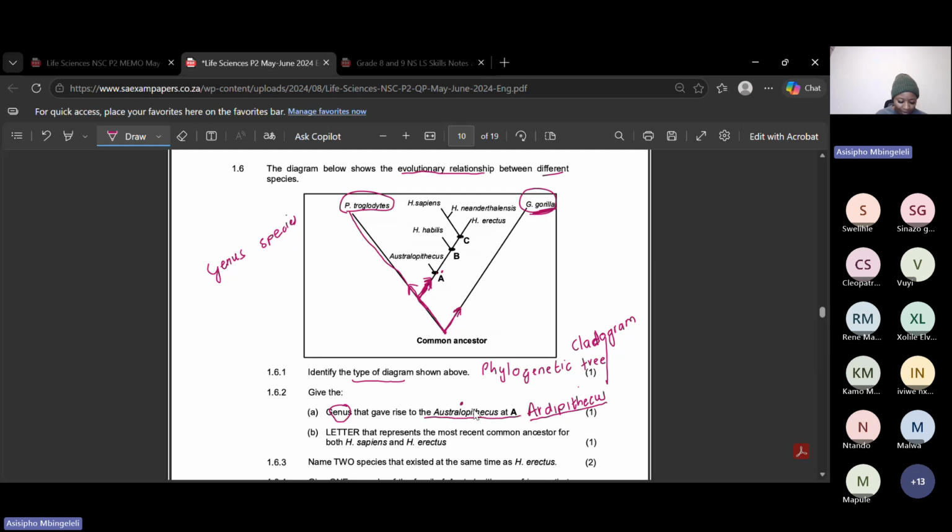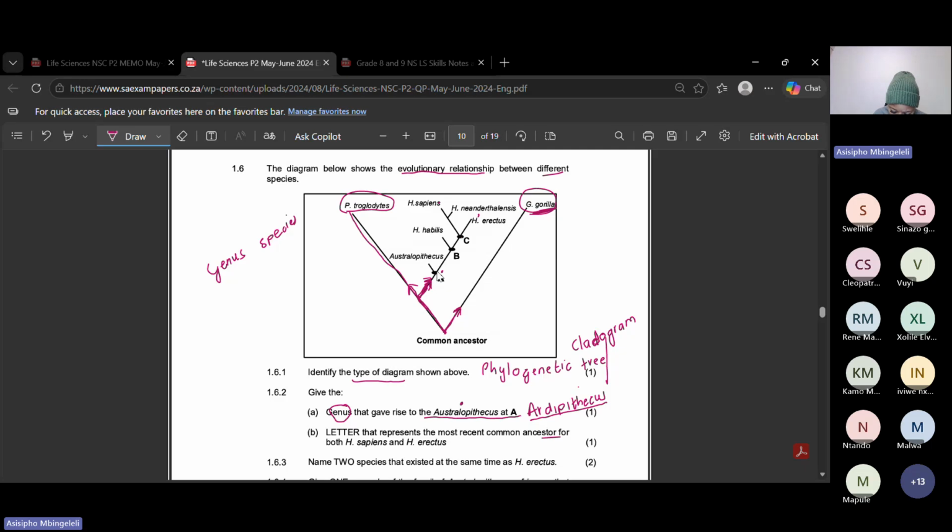Okay. And then give the letter that represents the most recent common ancestor for both Homo sapiens and Homo erectus. So where are we originating it?